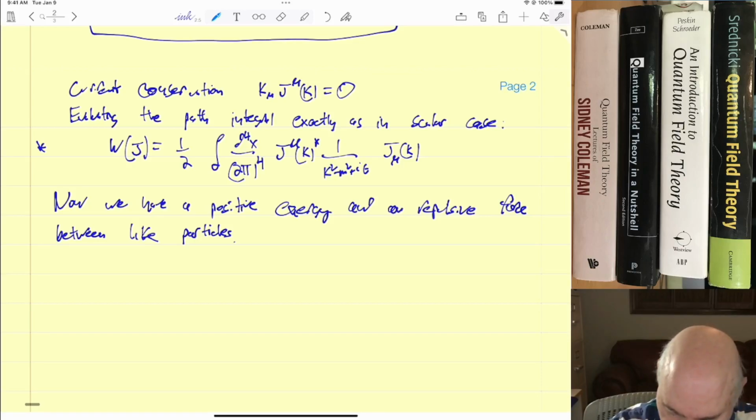So the simple way to get the opposites is we write the current as J mu equal to J mu positive minus J mu negative. And if we substitute in here and here, we'll find out that opposites will have a negative energy, and therefore they'll attract, and likes will repel.